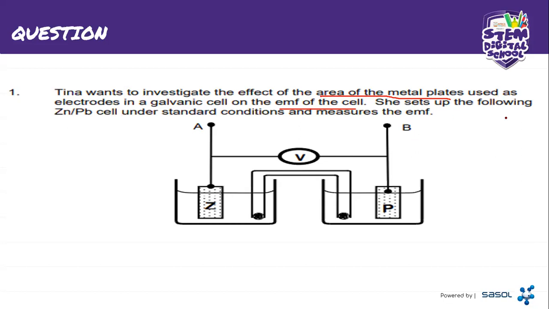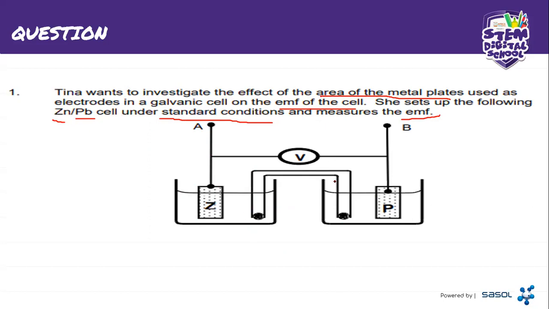So we know already that there shouldn't be any effect because an area of the electrode doesn't fall under standard conditions. She set up the following zinc lead cell. So this learner is using a zinc and lead cell under standard conditions and measures the EMF. So it means of these 2 electrodes, one will be zinc and the other one will be lead. We are not sure which one is zinc and which one is lead.